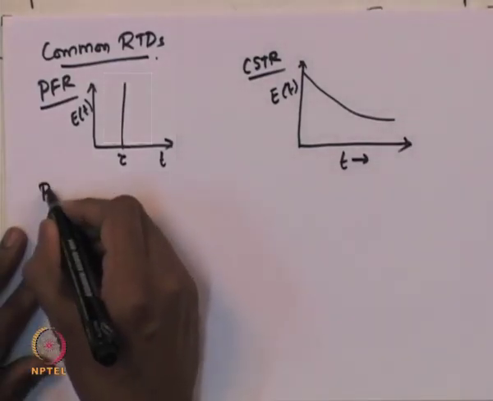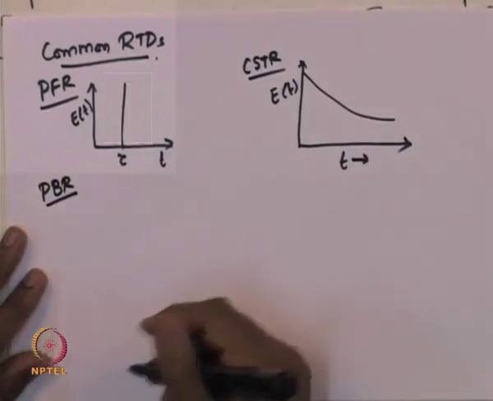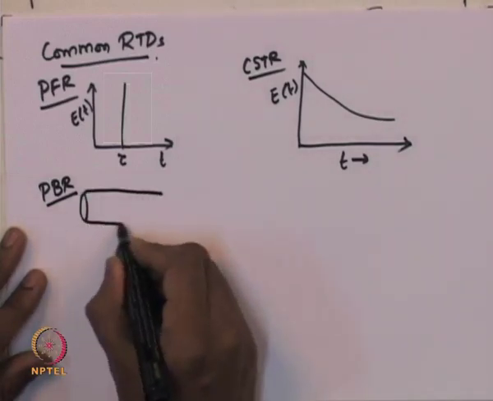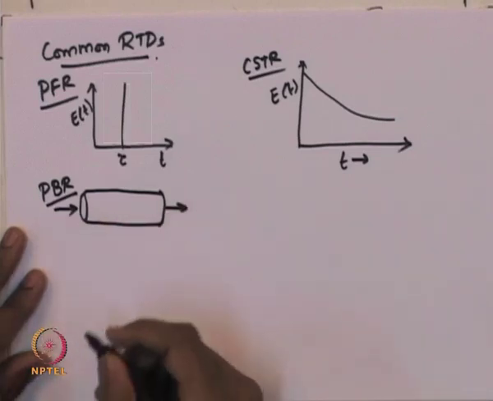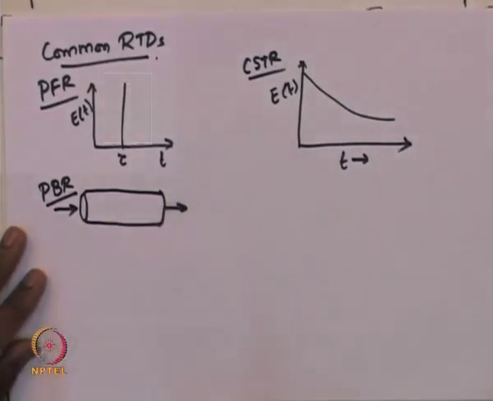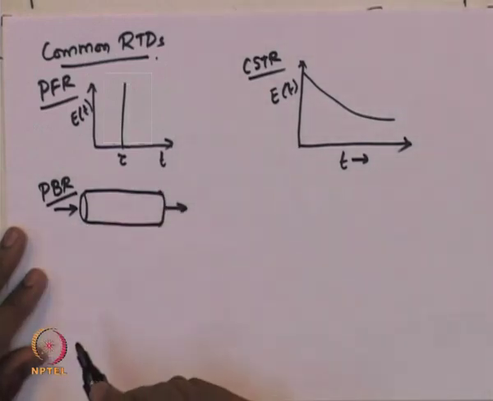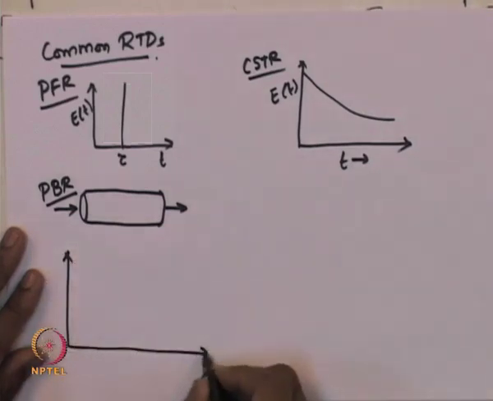Now, if I take a packed bed reactor, now what has been observed? Suppose there is a reactor and there is a fluid which is flowing through this reactor. One of the commonly observed RTD curves for such a real world packed bed reactor looks as below.